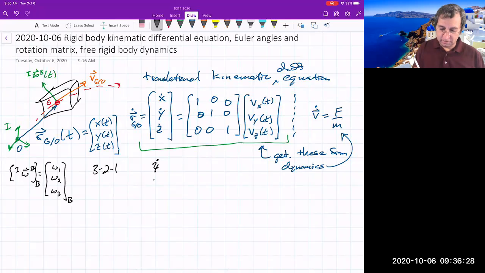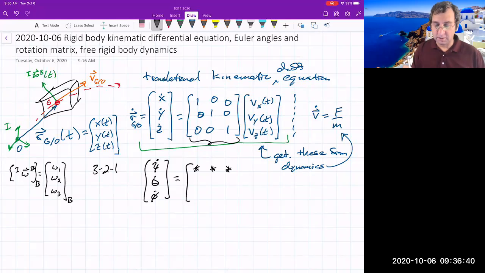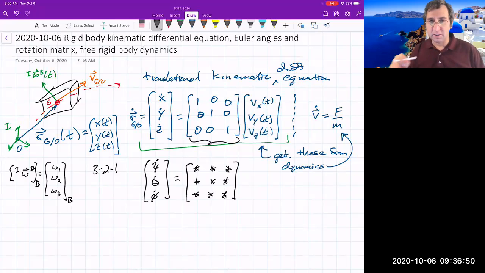How do yaw, pitch, and roll evolve? It will be some non-trivial matrix. Up above, this is the identity matrix, so that's trivial, and we usually don't even write that as a matrix. But here, all of the different directions get mixed up with each other. So there's a relationship between them.